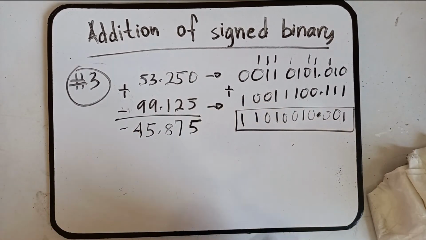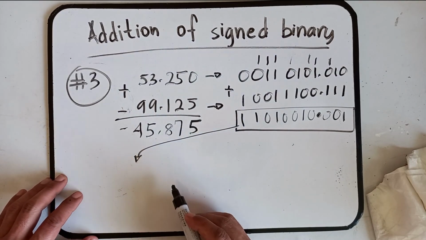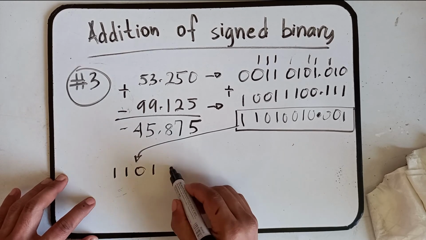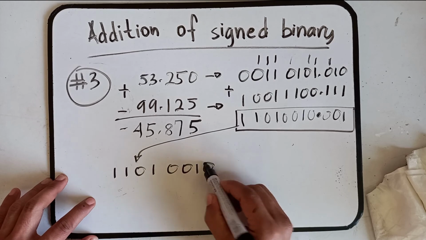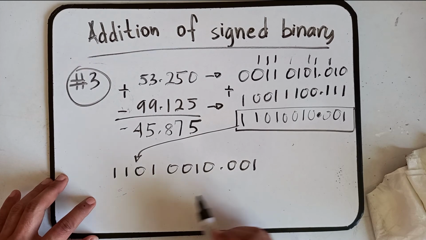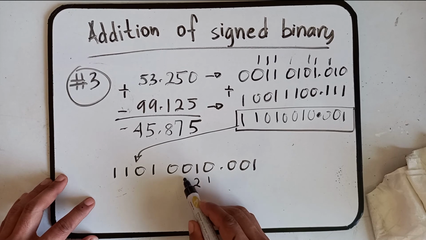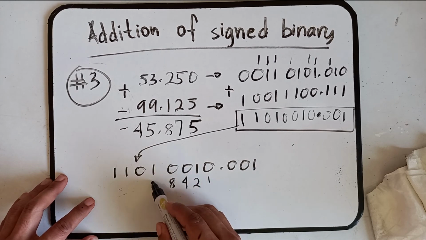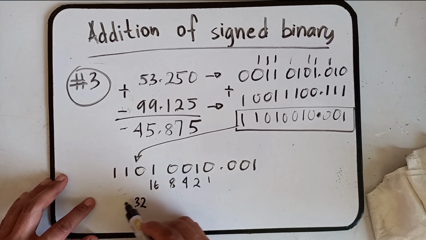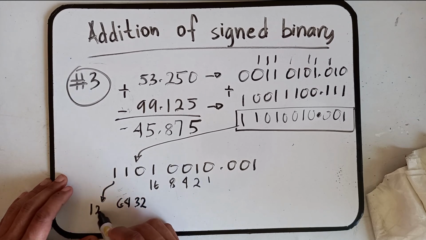So for us to check, let's copy this number around here. So 1, 1, 0, 1, 0, 0, 1, 0.001. Now let's add. We know that this is 1, this is 2, this is 4, this is 8, 16, and this is 32, this is 64, and this is 128.